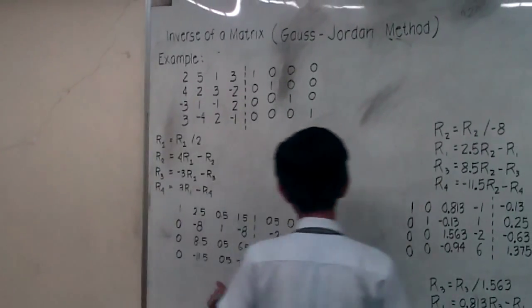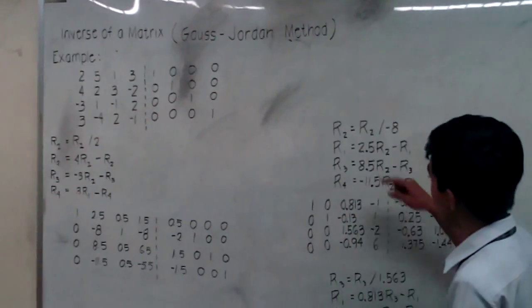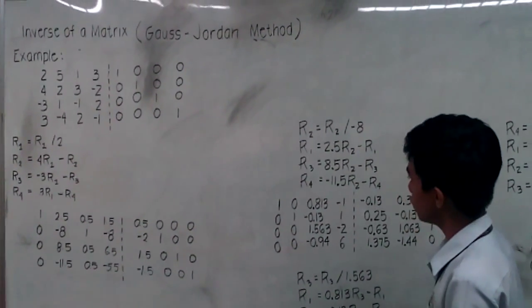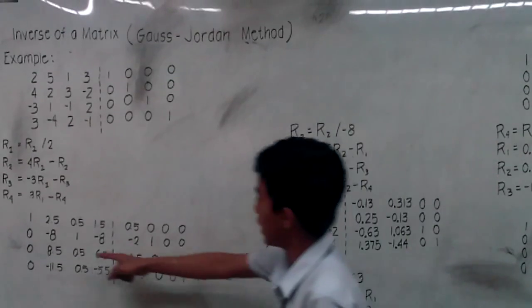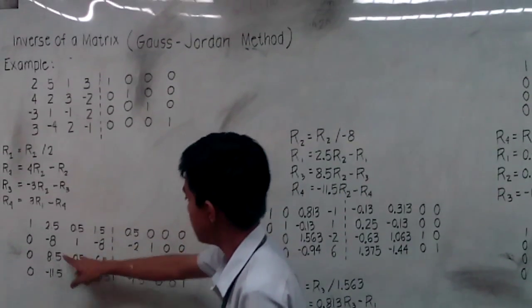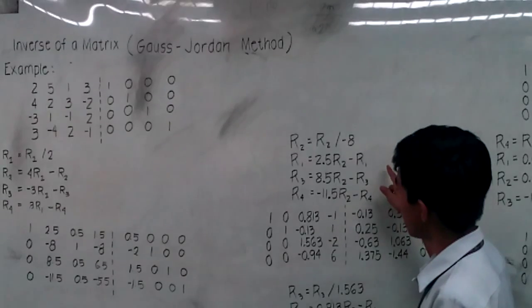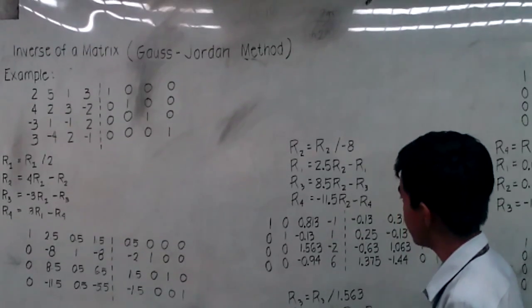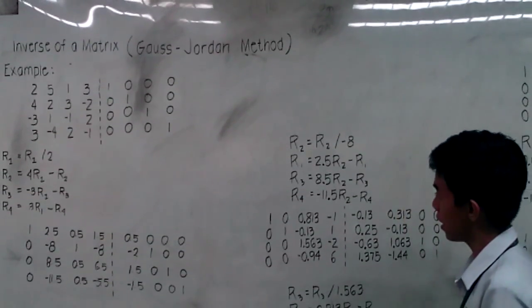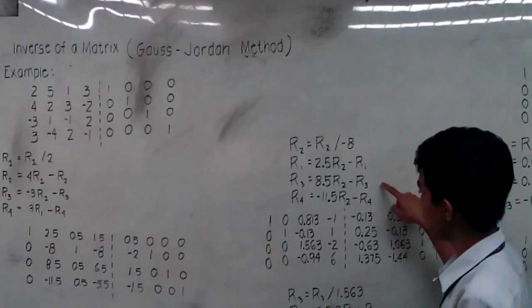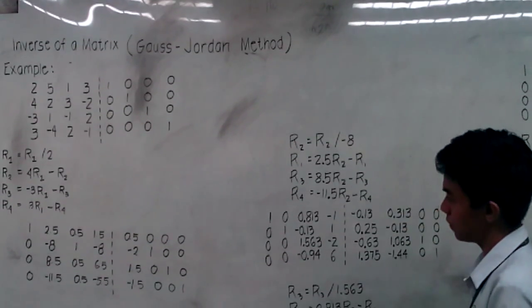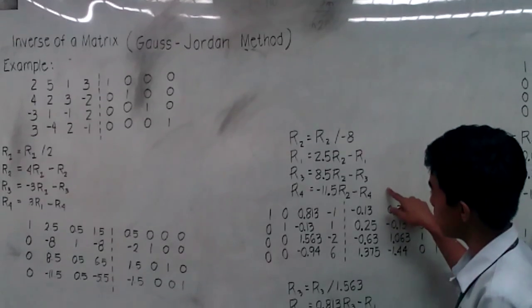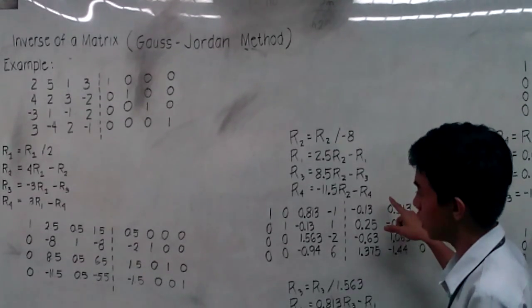This will provide us these equations. R2 is equal to R2 divided by negative 8 to make it equal to 1. And then R1 will be equal to 2.5 R2 minus R1. R3 equals 8.5 R2 minus R3. R4 equals negative 11.5 R2 minus R4.